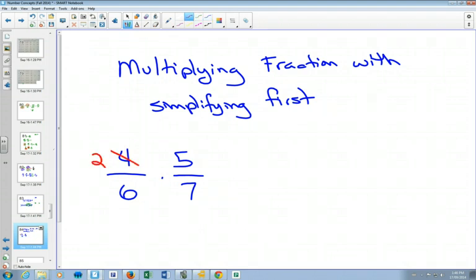So this could become 2, and this would become 3, because 4/6 is the same as 2/3. Then if you multiply, 2 times 5 gives you 10. 3 times 7 gives you 21. And our final answer is simplified. That's example 1.